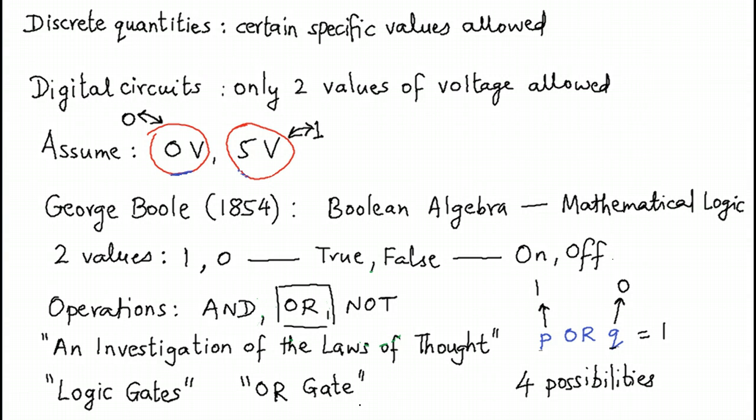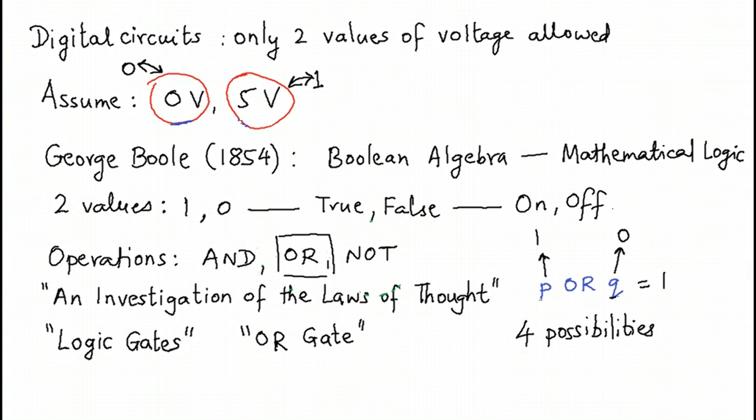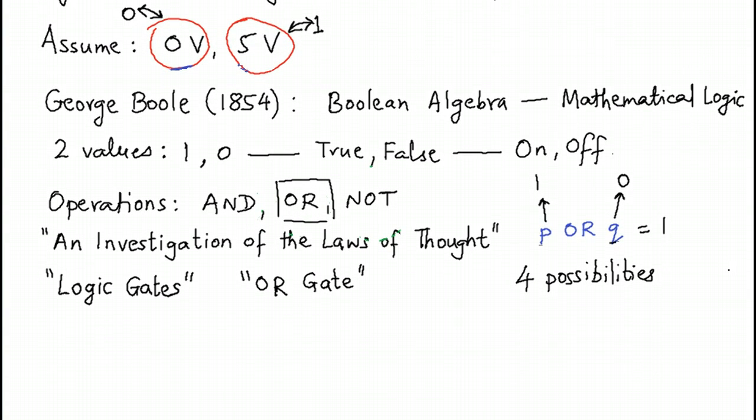Now, we do not want to get into the intricacies of how these electronic logic gates are actually made, and so we are going to represent the electronic OR gate of this particular example by a simple block diagram as follows.